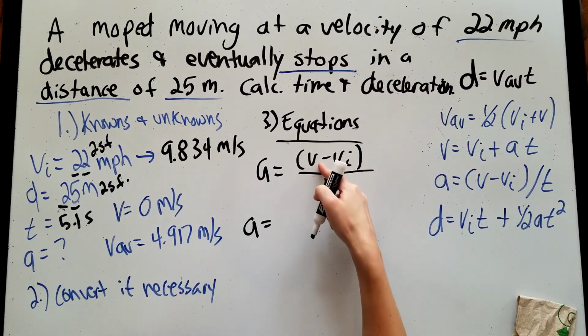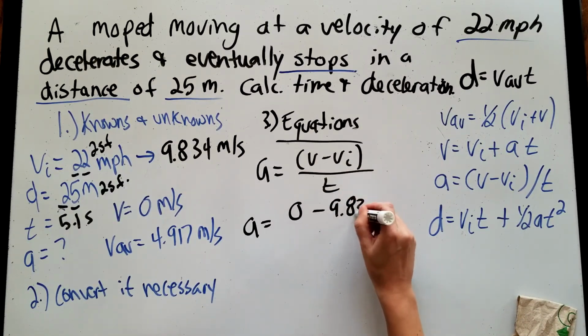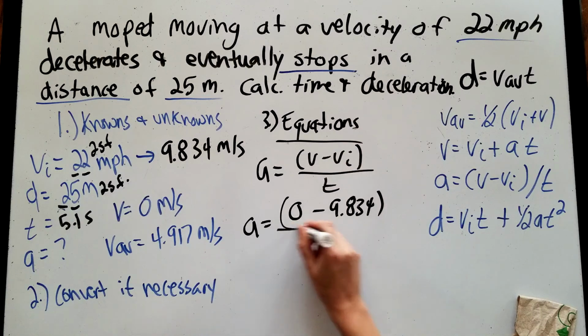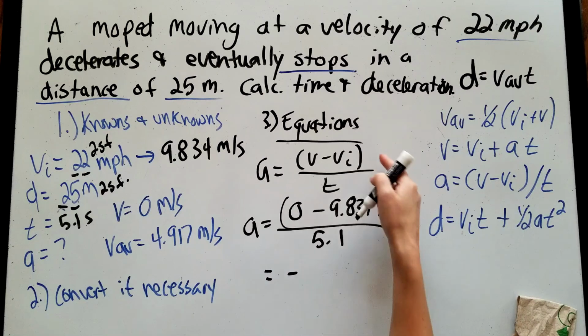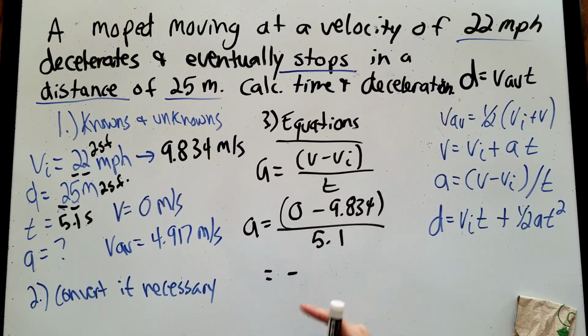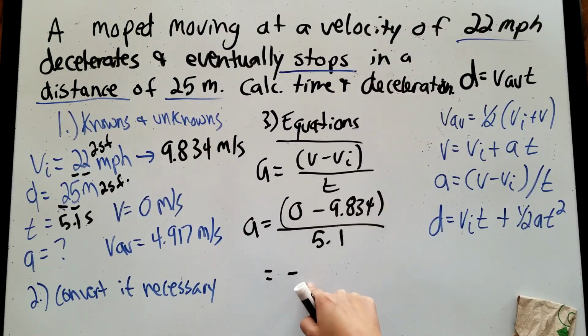The final velocity was 0. The initial velocity is 9.834. And then my time is 5.1. So notice we're going to get a negative acceleration. So why is it negative? Because we're slowing down. So when we're slowing down, acceleration is referred to as deceleration, and the value is going to be negative.